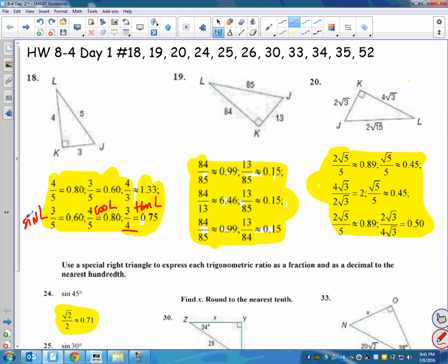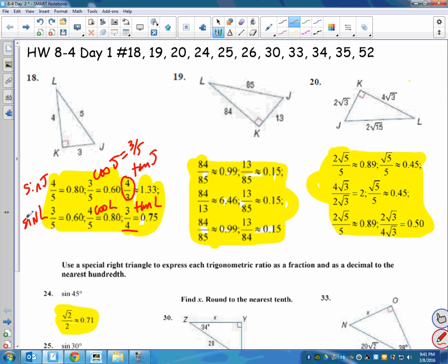Then sine of J would be 4/5, cosine of J would equal 3/5, and tangent of J would equal 4/3.